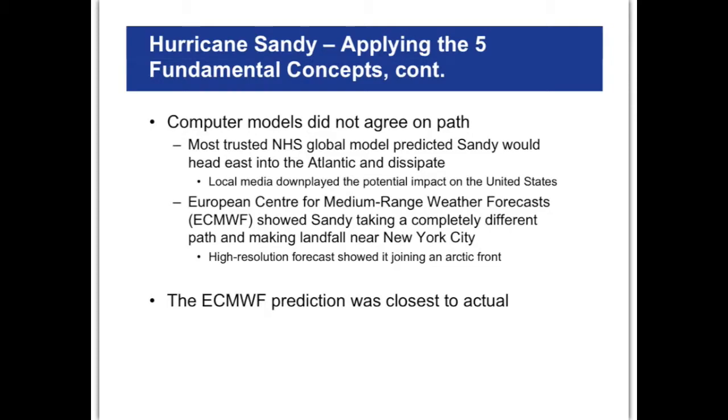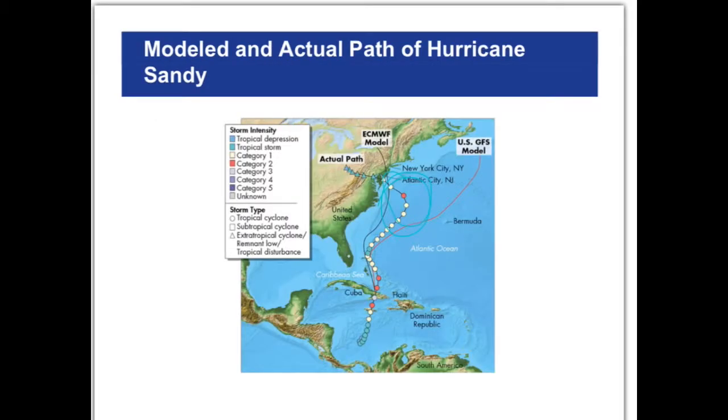When you hear about models, that means a computer model, a computer modeling where the storm is going to go. Well, they use various different data, and not all of them agree. And so they were all different, and nobody knew exactly which one was right. All right, so right here is the United States track, or the model for Hurricane Sandy, going all the way out into the North Atlantic right here, not bothering anybody.